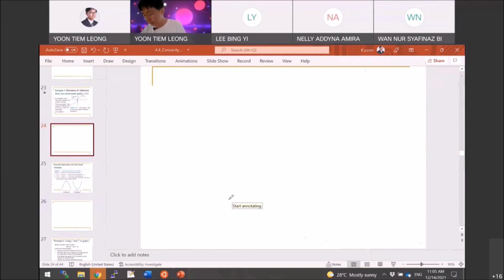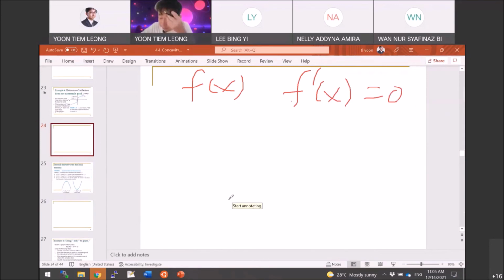So what you do is you have a function f(x). Then you check the point where f prime is 0. Basically you look for the points where f prime of x is set to 0. Then you also check the sign.